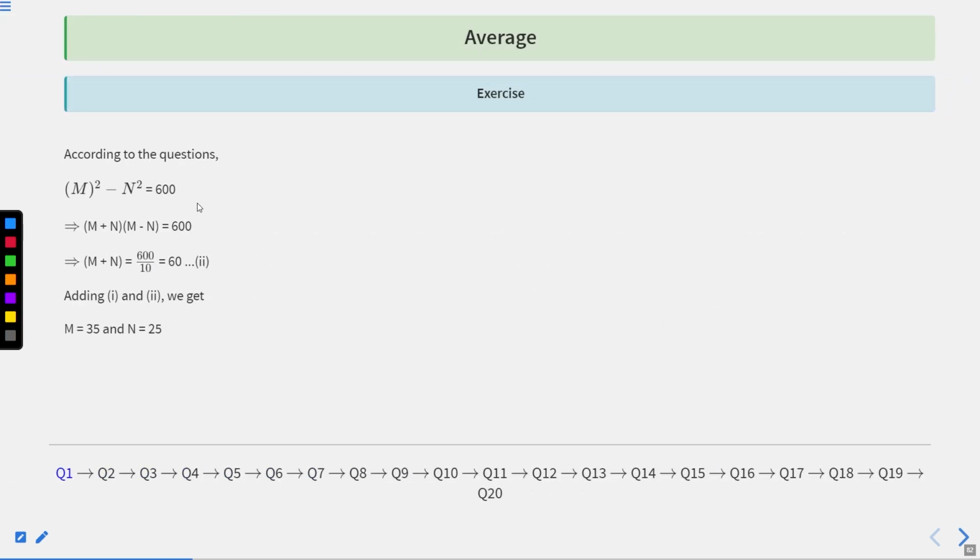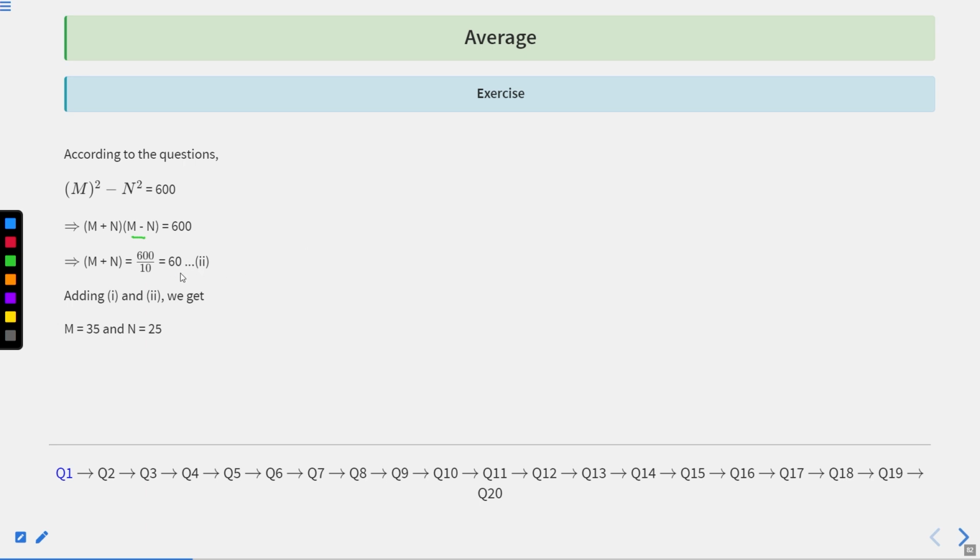So according to the question, m square minus n square equals 600. So it can also be written as m plus n times m minus n equals 600. Since the value of m minus n is already known, which we computed in the previous slide, m plus n will be equal to 600 upon 10, equal to 60.